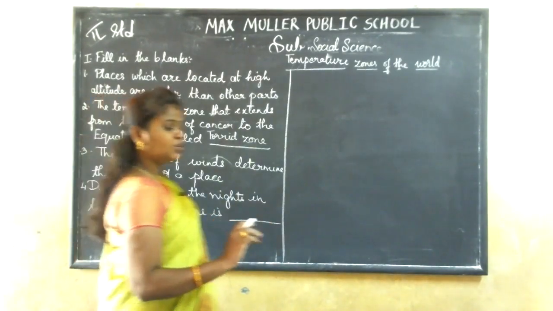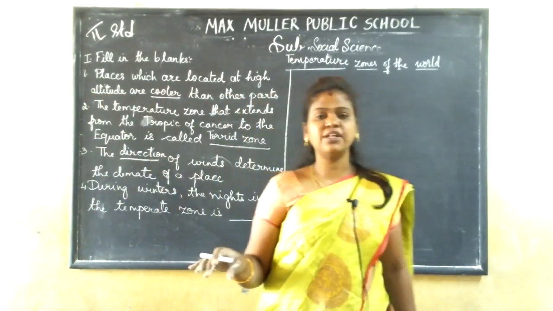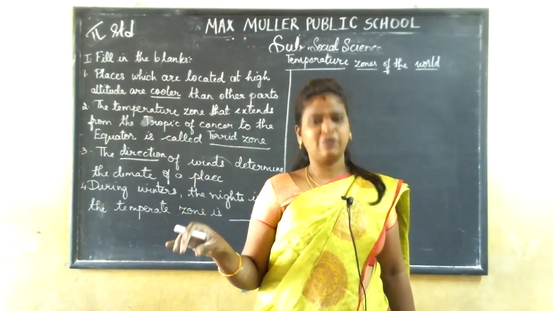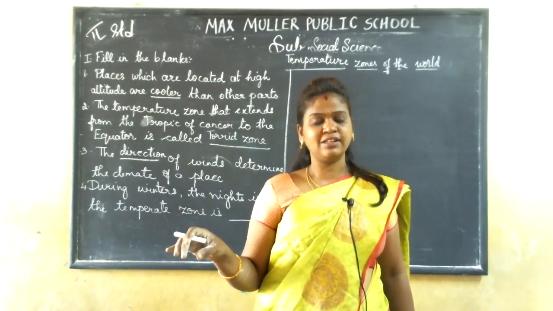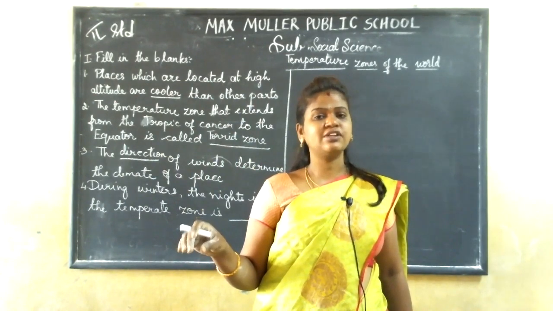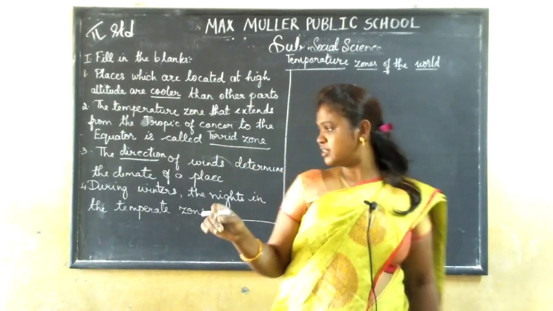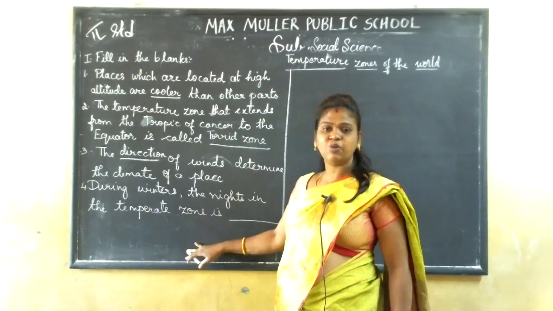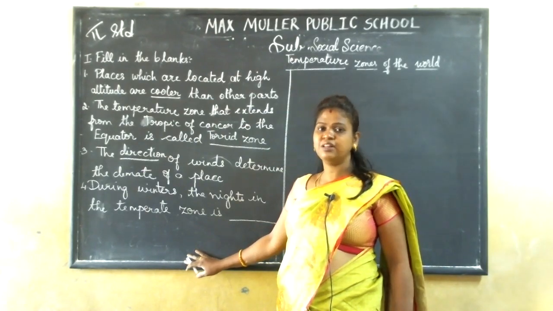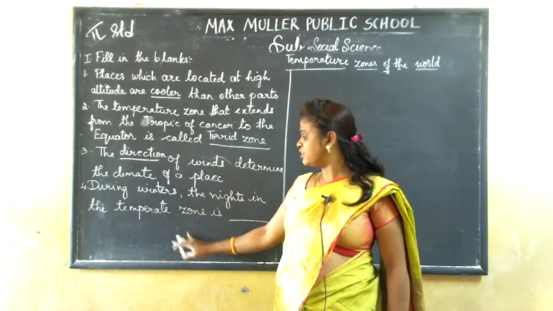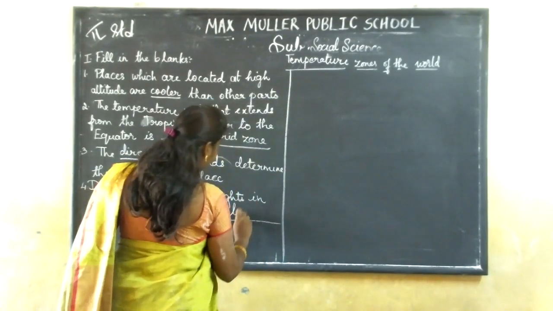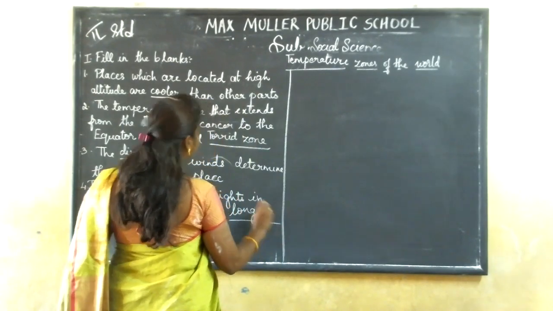So children, you all know that during the winter season, the sun rays won't be more. The sun rays will be very less. So during winter seasons, the days are shorter and the nights are longer. In the same way, in the temperate zone, the sun rays will be very less during the winter season. So hence here, the nights in the temperate zone will be longer and the days will be shorter.